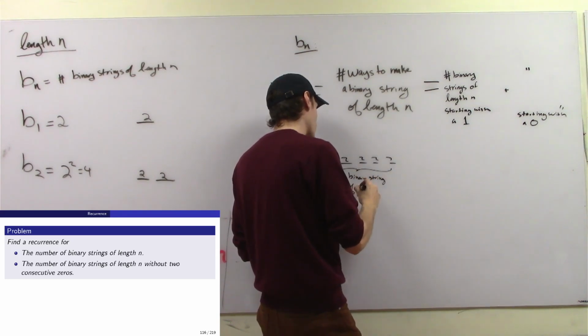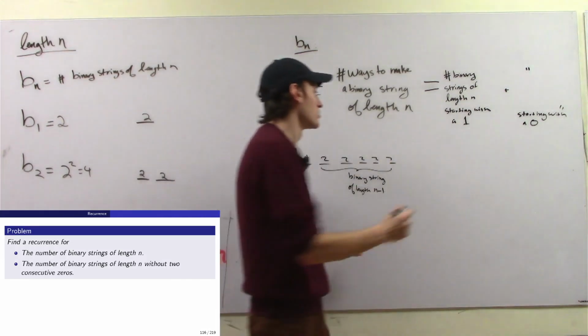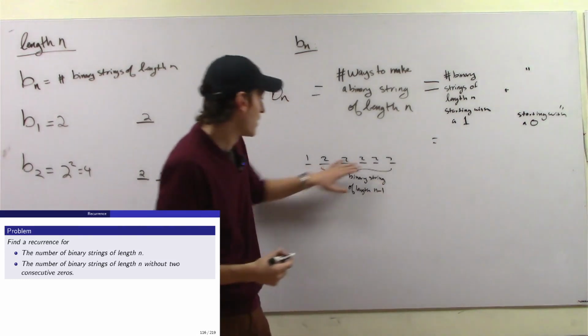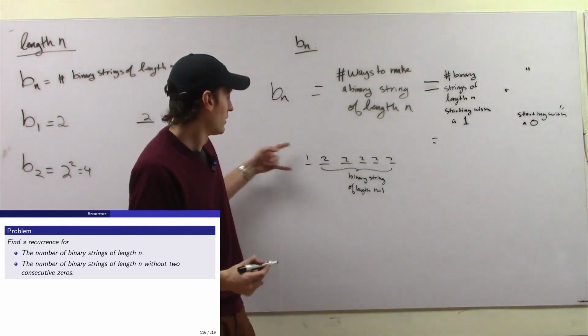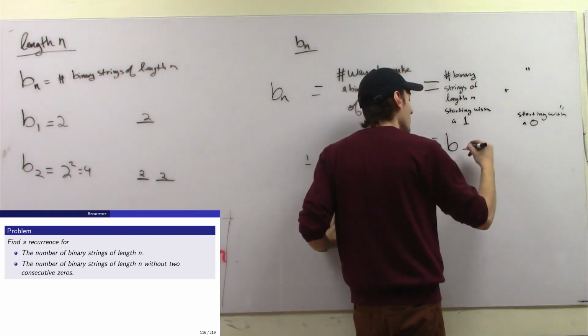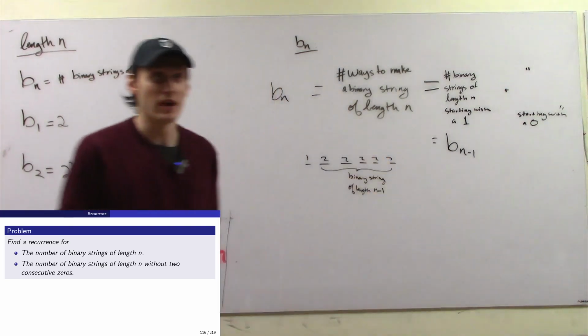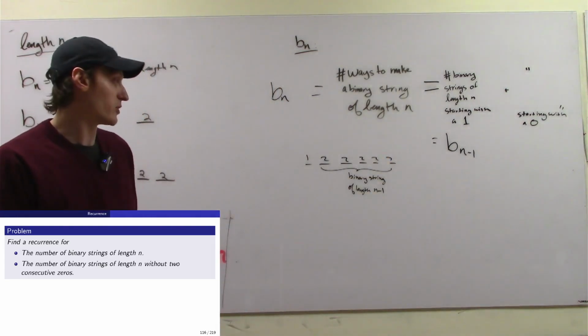So this number should be equal to, I can take a binary string of length n minus 1 and chunk a 1 on the front, and we should be good. So this should be equal to b sub n minus 1. Again, this counts how many ways to have a binary string of length n minus 1.